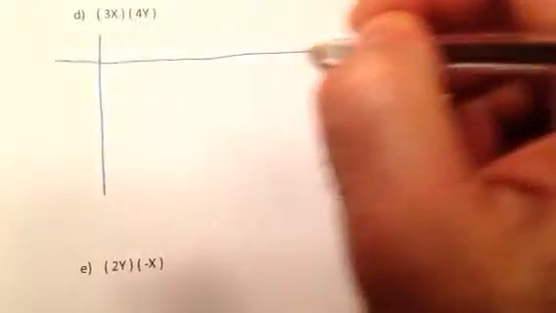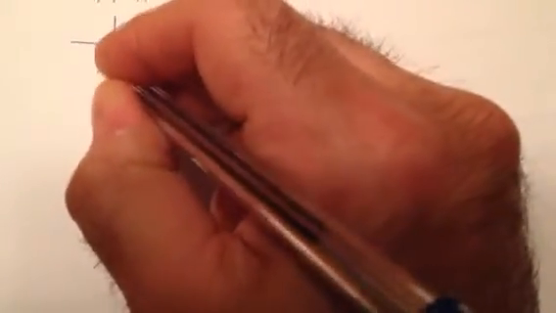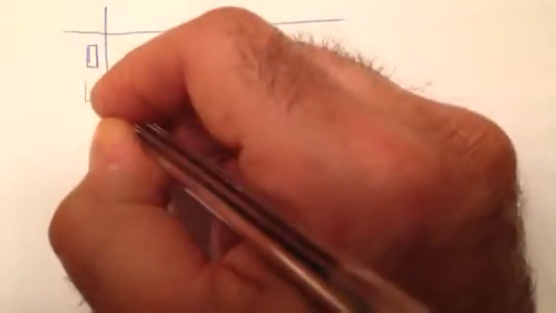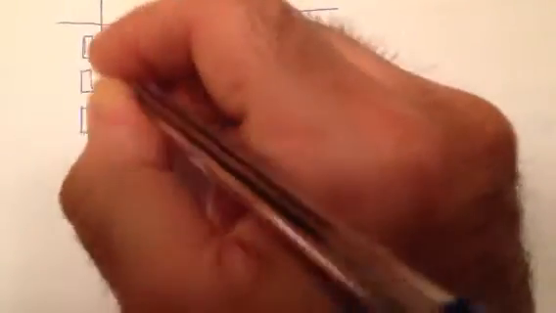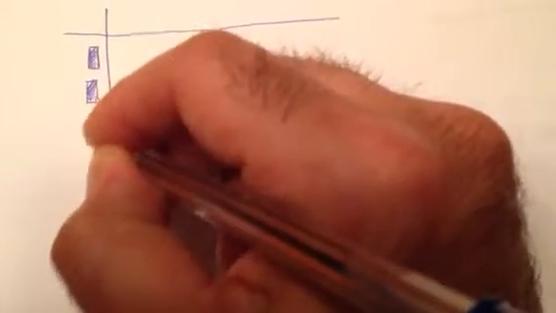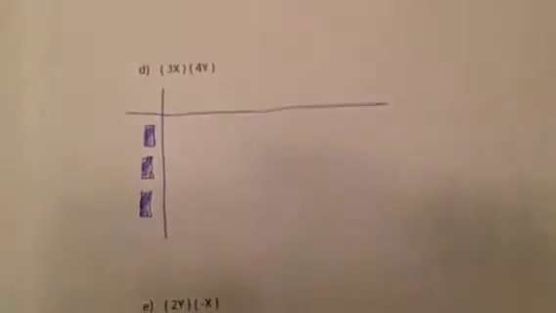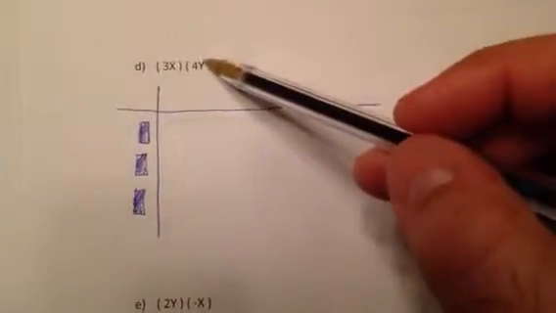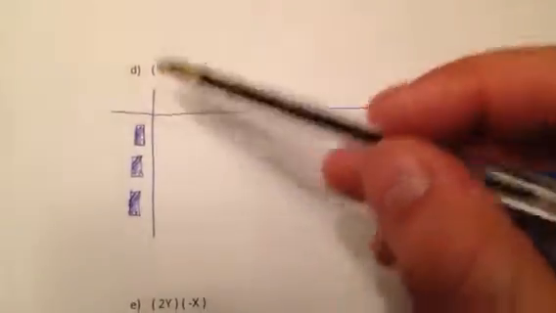As we can see, we have this question, 3x times 4y. Once again, we draw our TP, and we put the 3x along the side. Since these are positive, we shade. We learned that y's are a similar shape to x's, only longer.